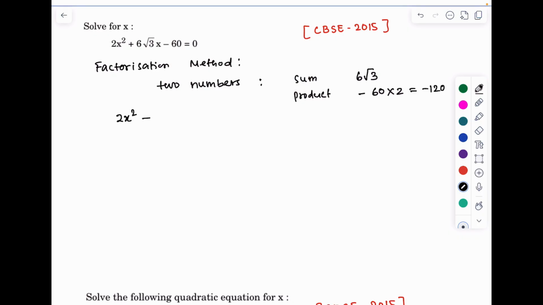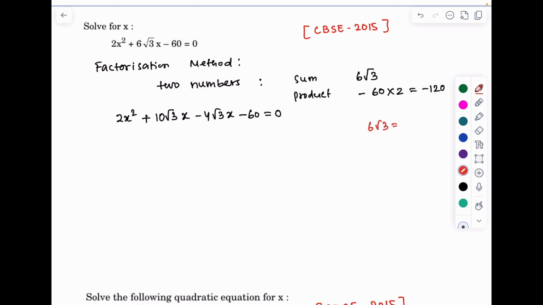Now I will write 2x square plus 10 into root 3 x minus 4 into root 3 x minus 60 equal to 0.